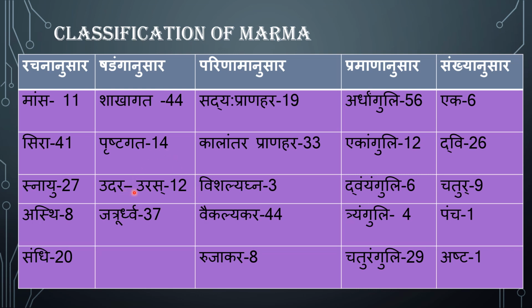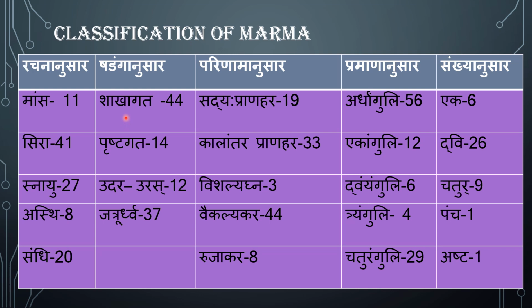Prushtagata as well as Udara Uras Marmas, total 26 in number, can be considered under the Madhya Sharira Marmas, because Prushtagata means back and Udara Uras means chest and abdomen.